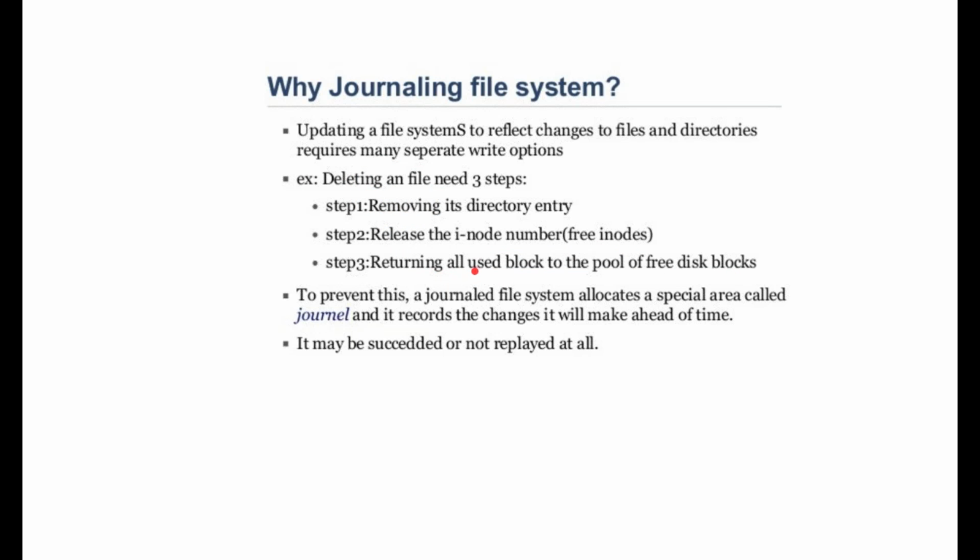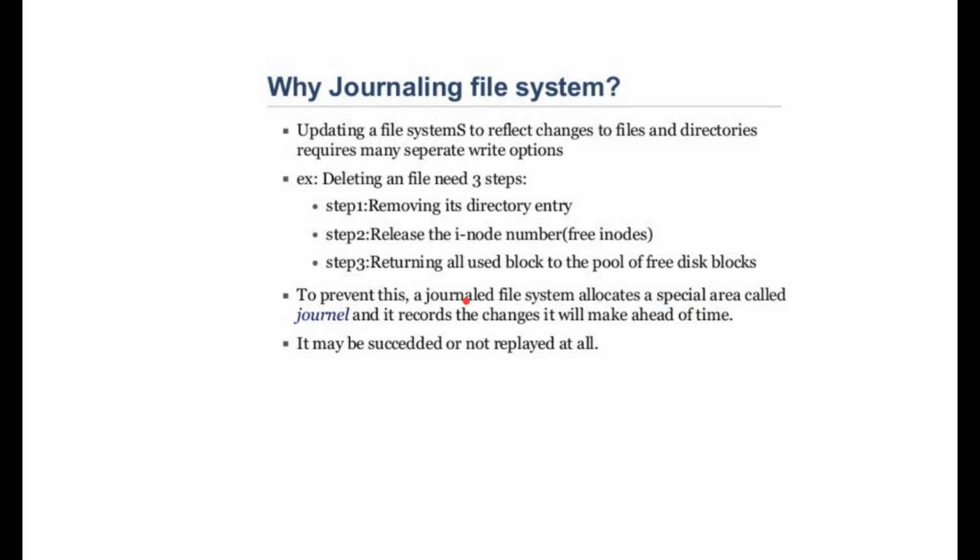For example, if you are not using an inode number, it can be released. Similarly, all the blocks which are not used and are free, it will release. Removing its directory entry, these are all the things journaling will do. Or it will release your memory which is not used by you right now, or was already used by you in an earlier program.